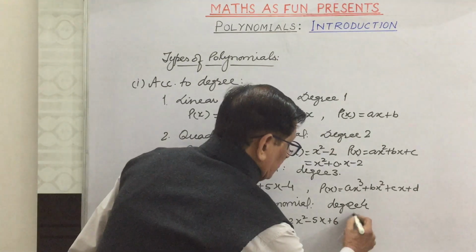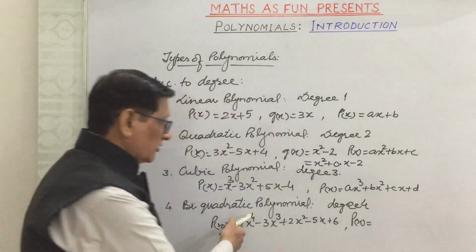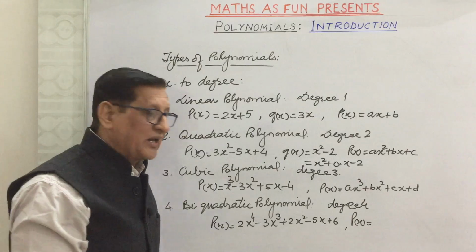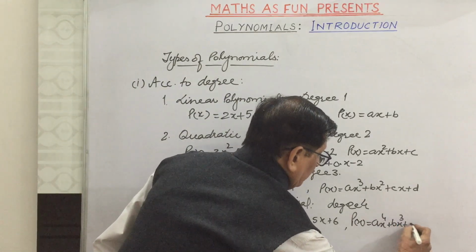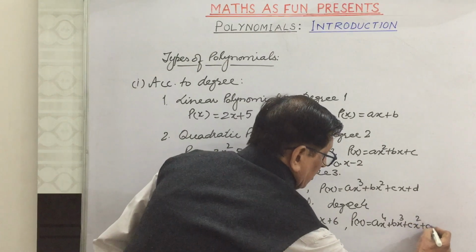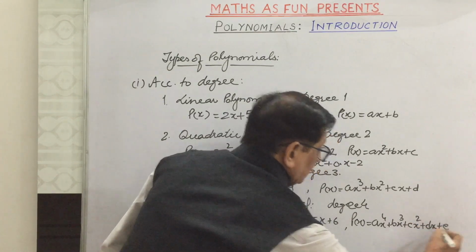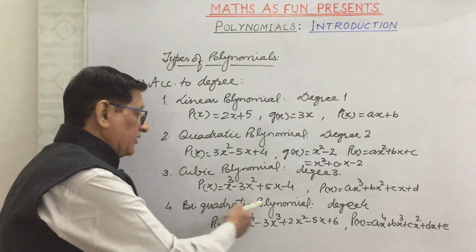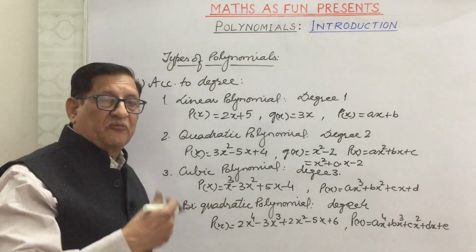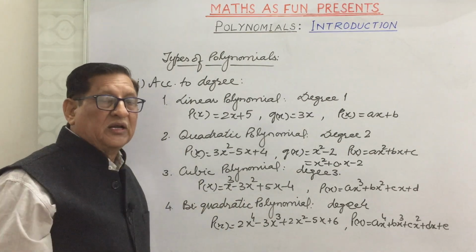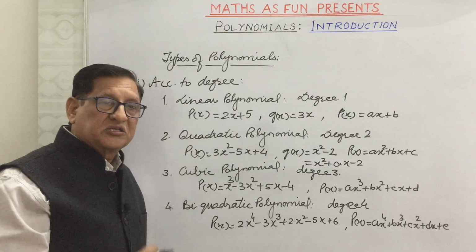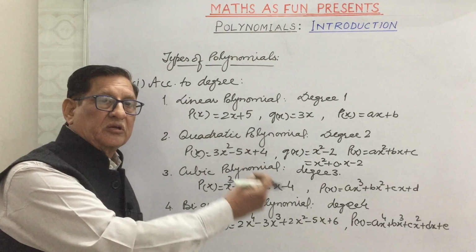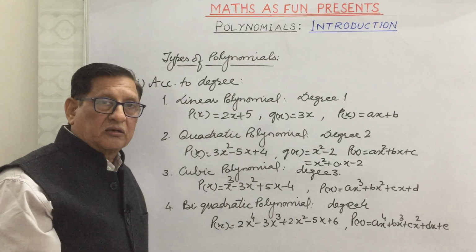Generally, the standard form of a biquadratic polynomial is taken as ax⁴ + bx³ + cx² + dx + e. After the biquadratic, if it is of power 5, power 6, power 7 and so on, the higher powers of x, generally we represent them by the degree itself. We write that of degree 5 or degree n.